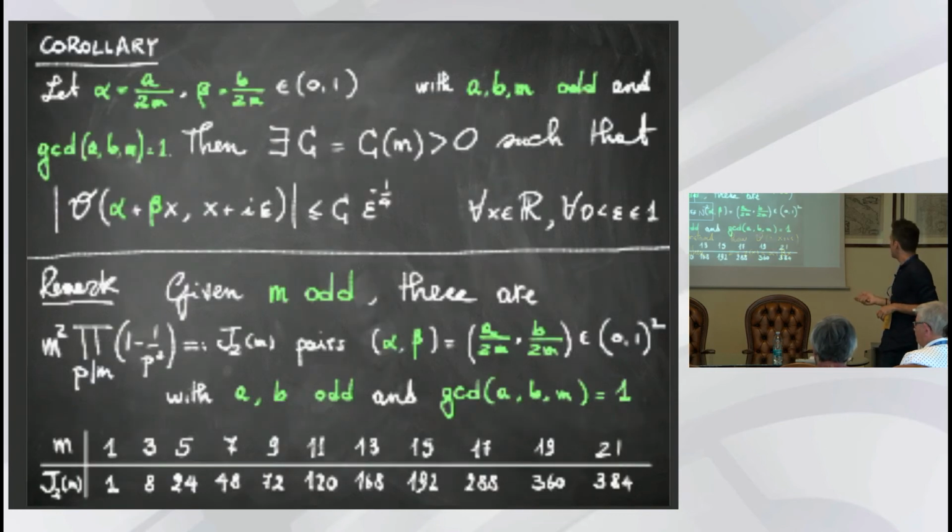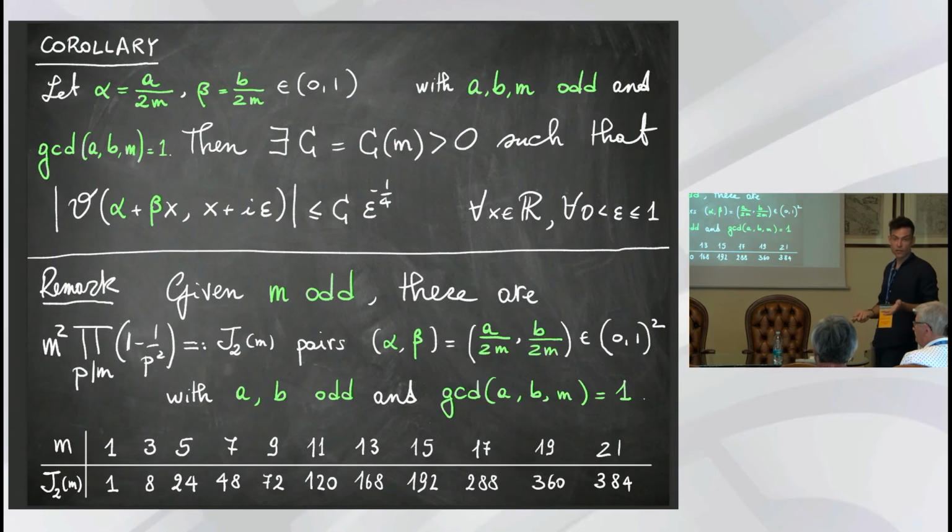Very well. So let's rewrite our statement in terms of this particular case. Again, you have alpha and beta. Here I take them for simplicity in the interval 0, 1. That doesn't have to be. So I choose A, B, M of this kind as before. Then there is going to be a uniform bound that only depends on M of this type.